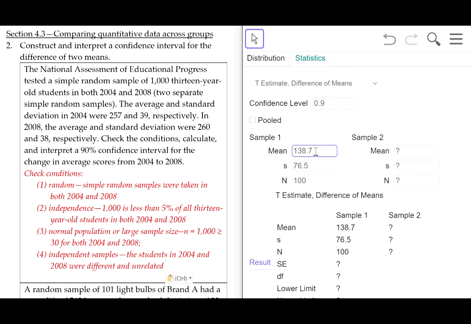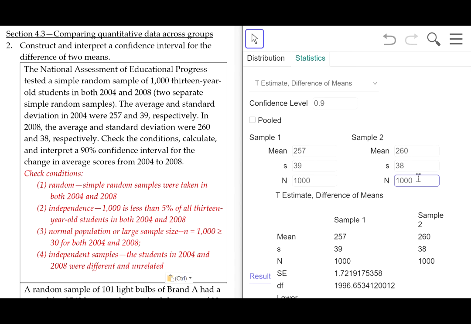And we're going to enter in the mean and the standard deviation from each group. In 2004, we have 257 as the mean and 39 as the standard deviation with 1,000 individuals. We'll use 2008 as our second sample. It had a mean of 260, a standard deviation of 38, and also a sample size of 1,000.